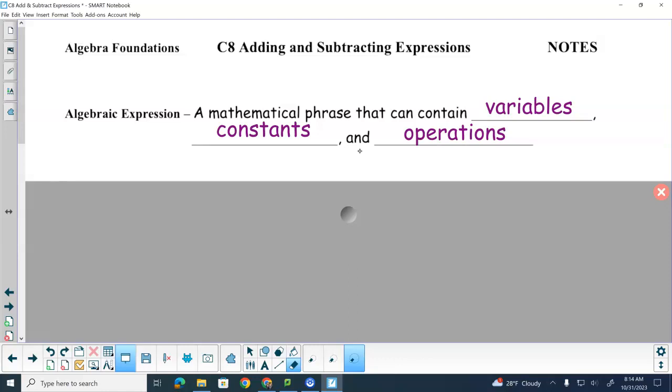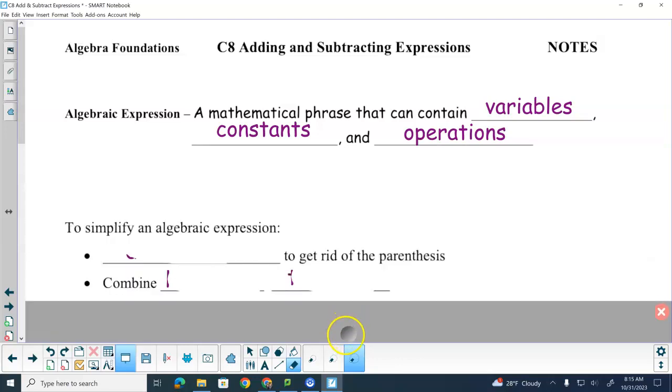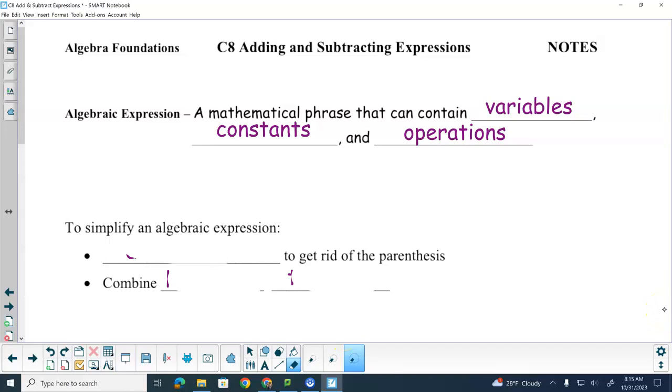Okay? If we are going to be simplifying an algebraic expression, the first thing that we need to do is distribute to get rid of our parentheses.